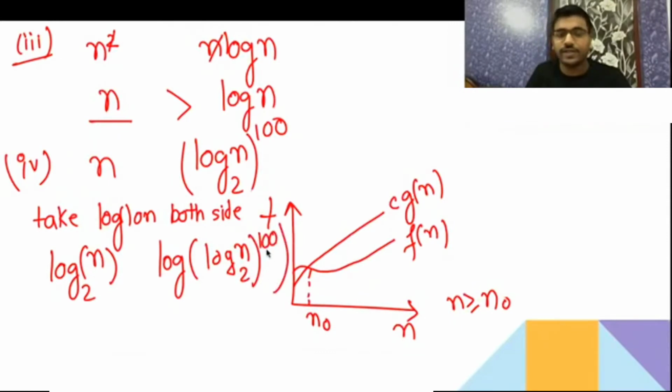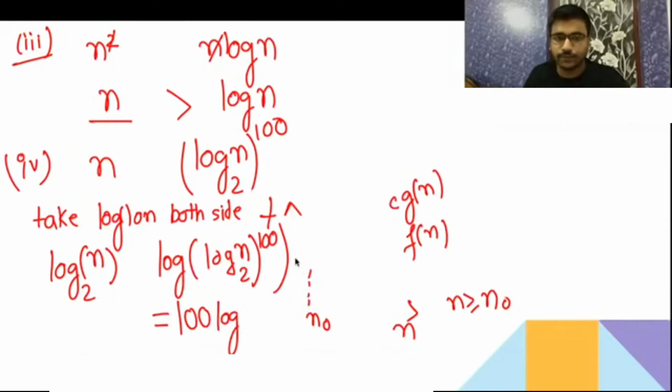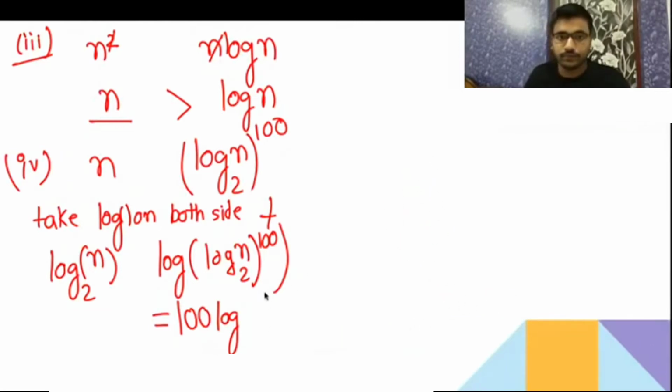Okay, so it is in the power, so 100 will come here, then you are going to get log, then you are going to get log of log n.